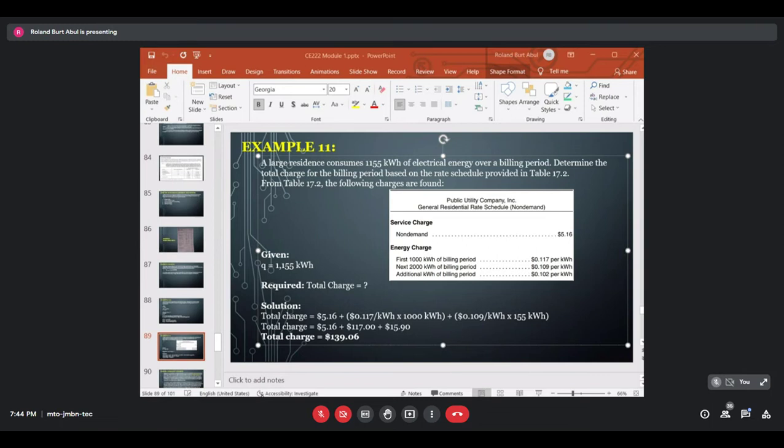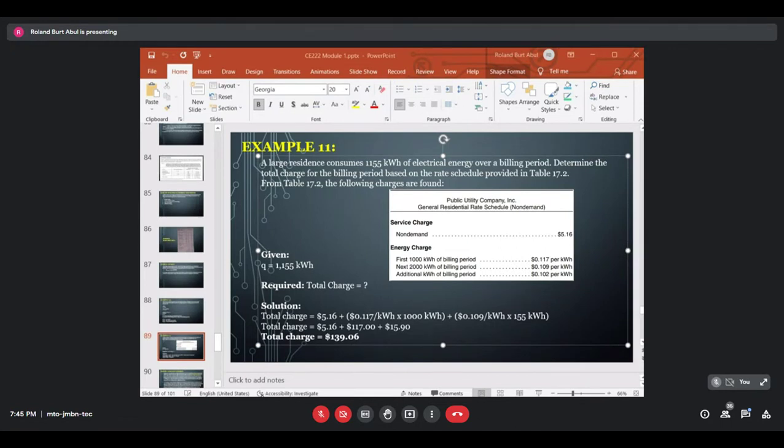Nasabtan ba ni nato ang process? Yes, Juby. Sir, unsaon man ni, sir? Ang 155, sir? Balik ko ha. Di ba, pag abot diri sa energy charge, kuhaon nato ang first 1,000 sa consumption.